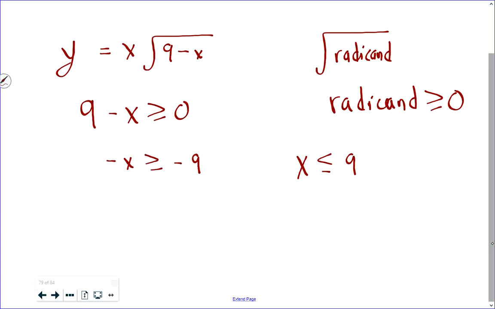And then you go, oh, well, I'm going to divide both sides by negative. Or I'm going to multiply both sides by negative. And get an x here and a 9 there. But the little seldom remembered rule with an inequality is when you multiply an inequality by a negative or you divide the inequality by a negative, you take the sign and you flip it. You have to flip this over.